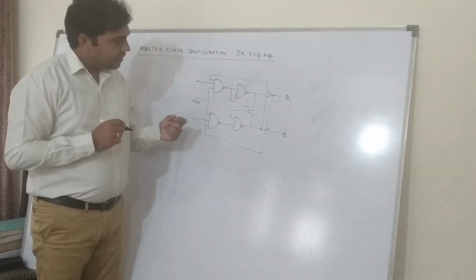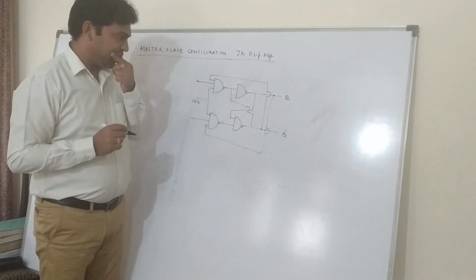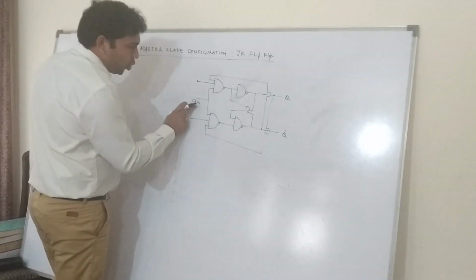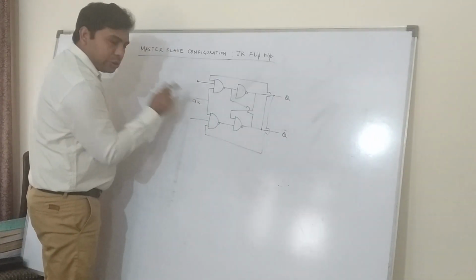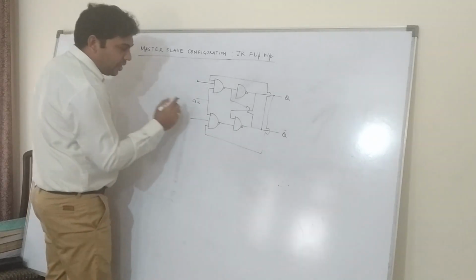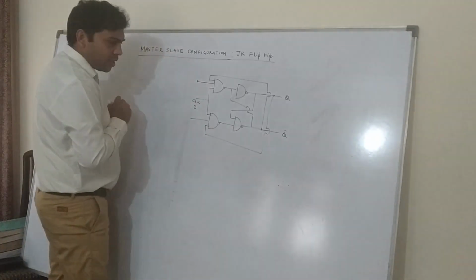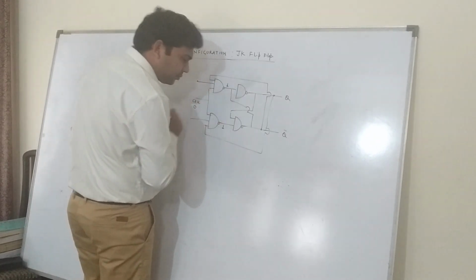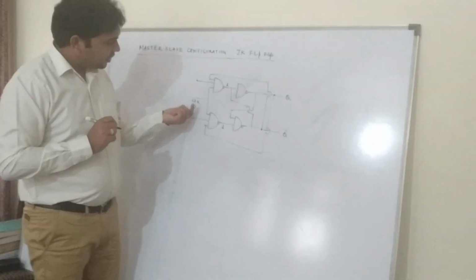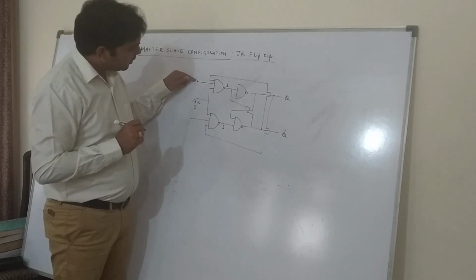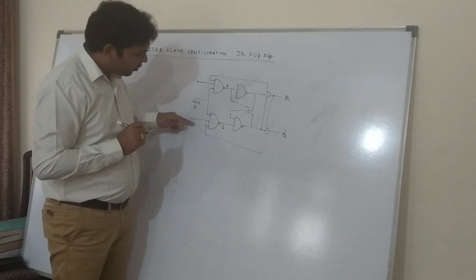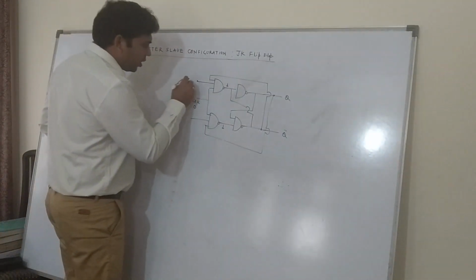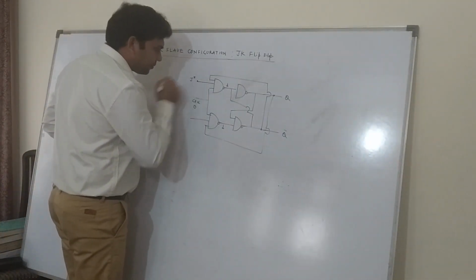Now we understand why there is a racing condition in this circuit. Okay, so we know that when this clock is 0, when the clock is low, this will always be 1 and 1. Whenever the clock is 0, it does not matter whatever this input is, whatever the feedback is. Let's say we call it J star and K star.